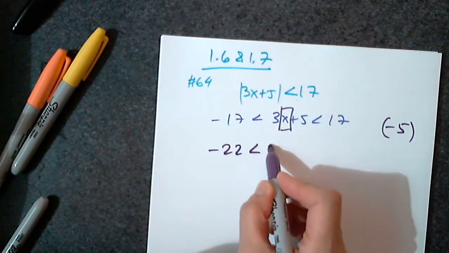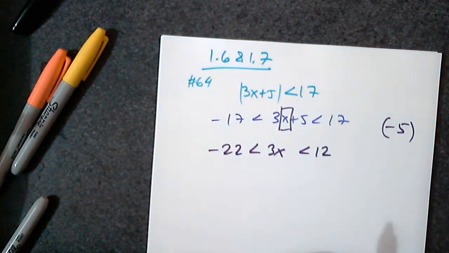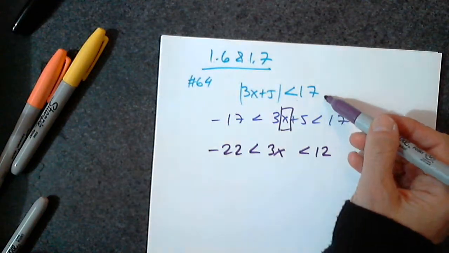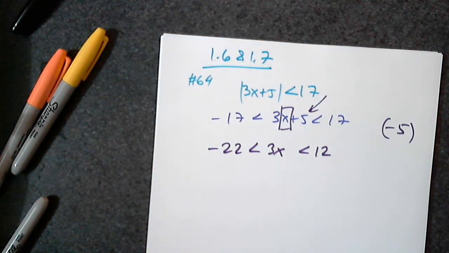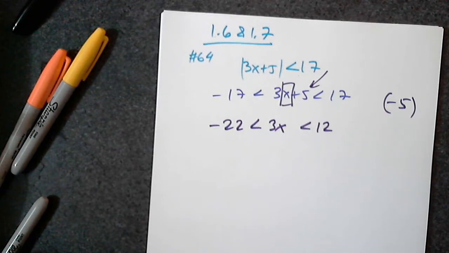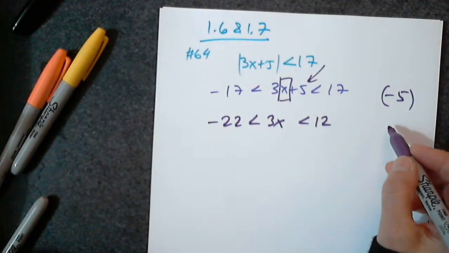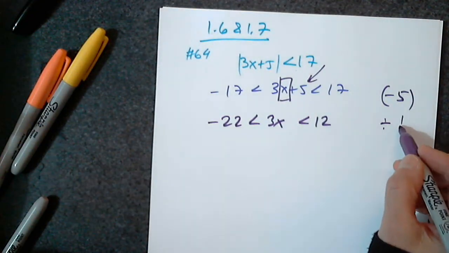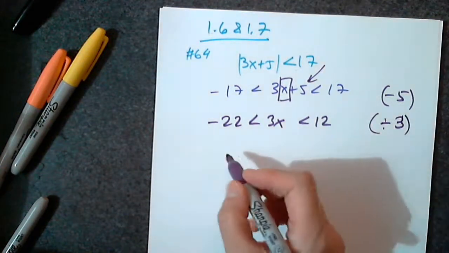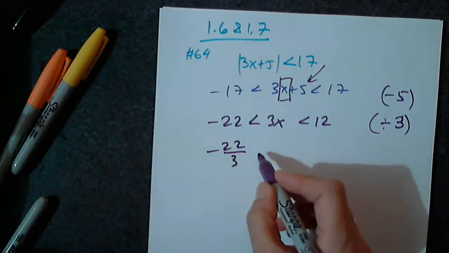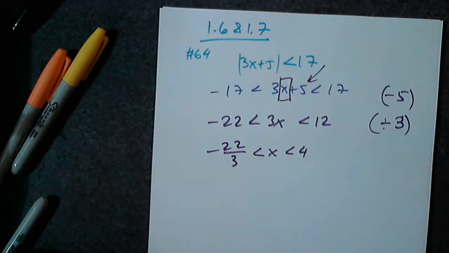So negative 22 less than 3x less than 12. Excellent. We got rid of 5 first. Now, what do I need to get rid of? Very good. So we multiply or divide both sides by 3. So negative 22 over 3 less than x less than 4.